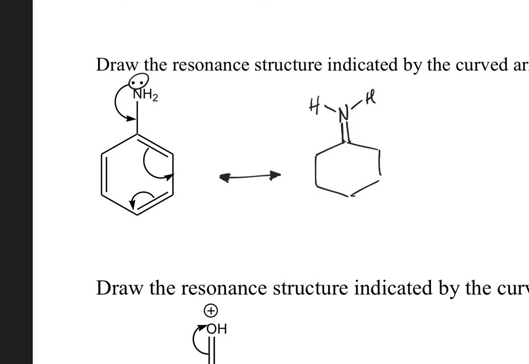It has 4 total bonds, no lone pairs, making it positively charged. We end up with a double bond still there, a double bond over here, and a lone pair on this bottom carbon. Because that's got a lone pair and a hydrogen that was there before, that carbon is negatively charged.